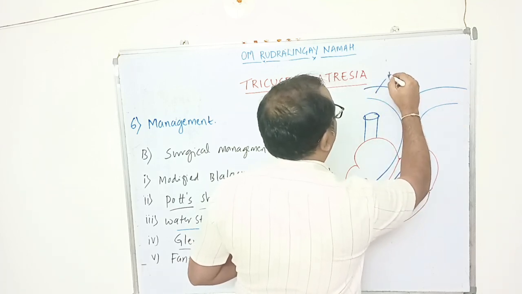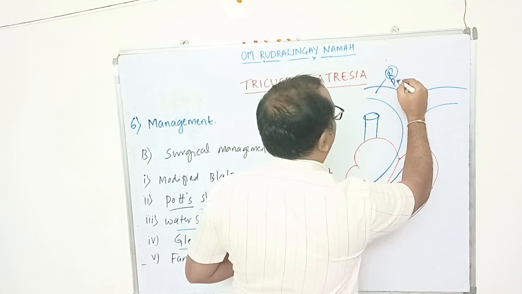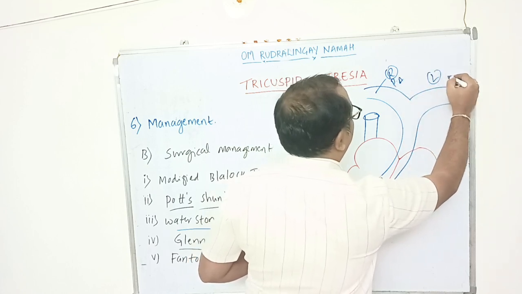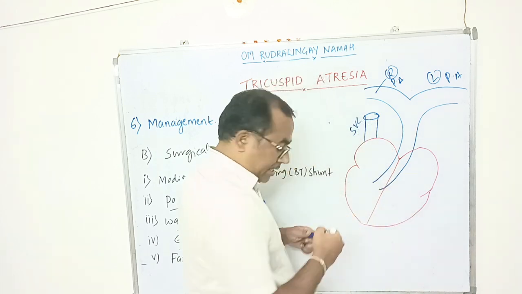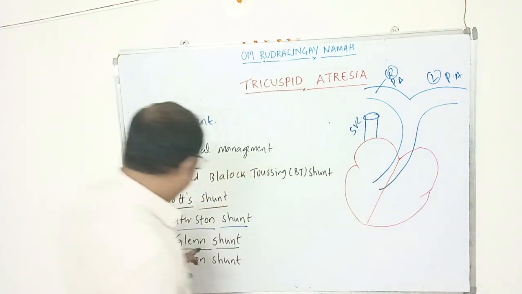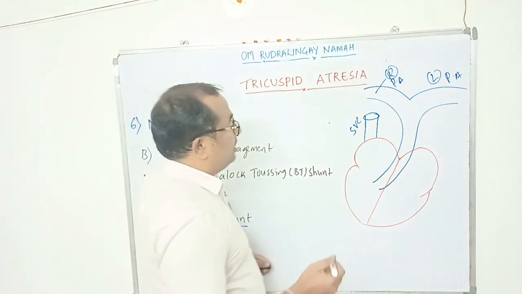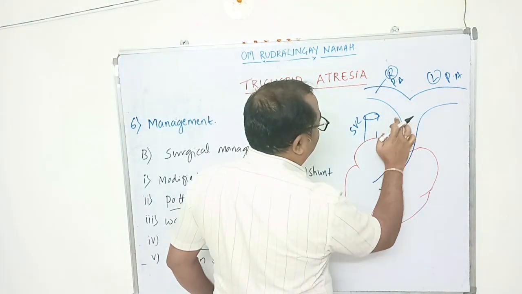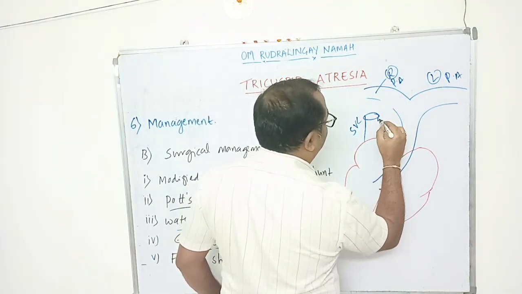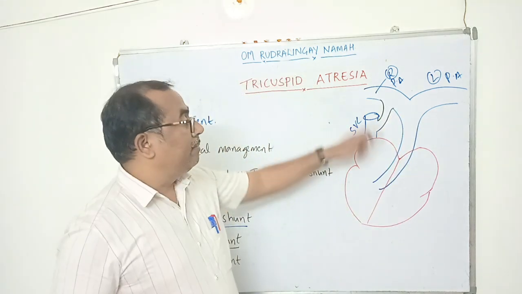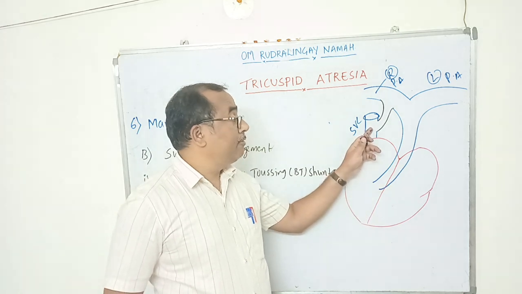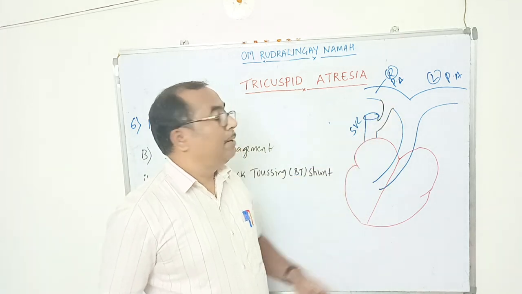So this is the right pulmonary artery and this is the left pulmonary artery. This is the superior vena cava. Okay. So here, what will the surgeon do in Glenn shunting? The surgeon creates an artificial pathway between the superior vena cava and the right pulmonary artery.